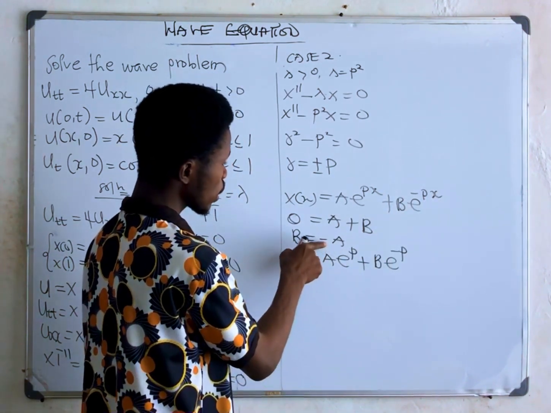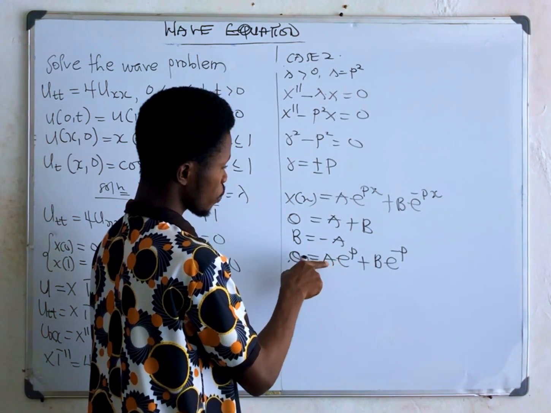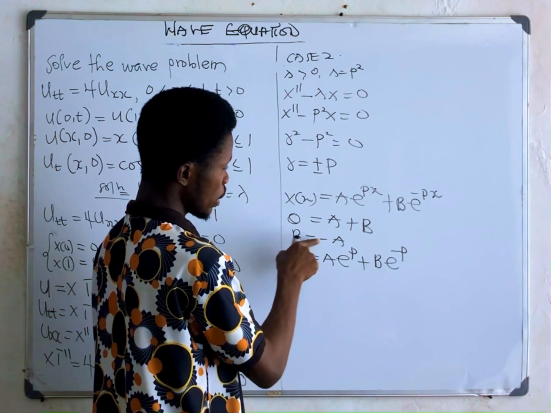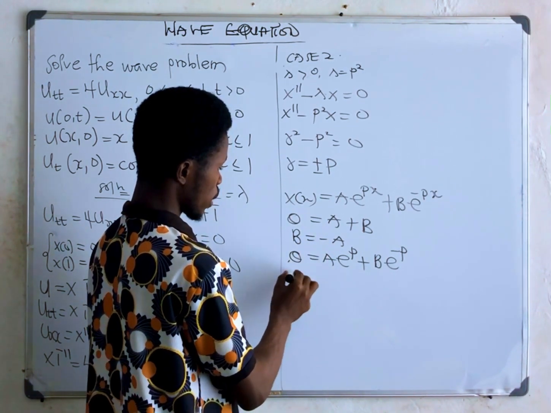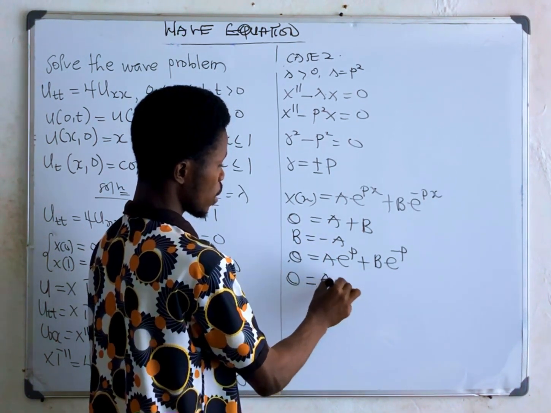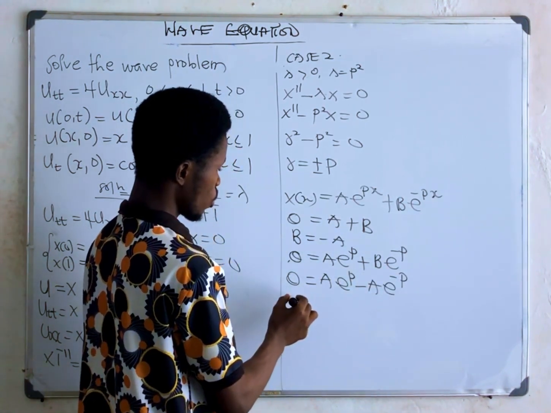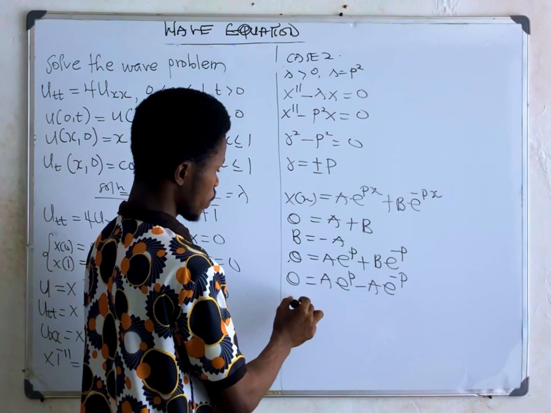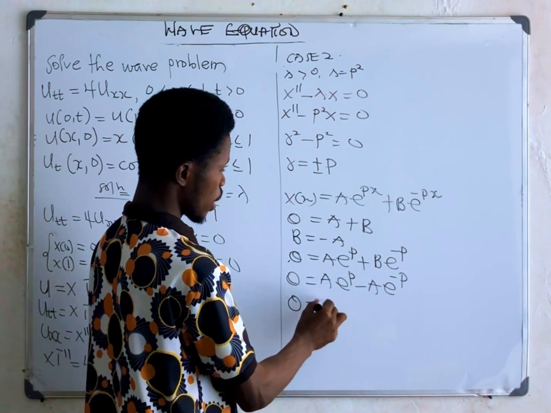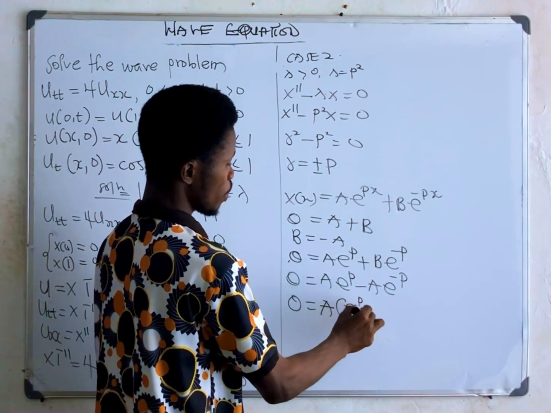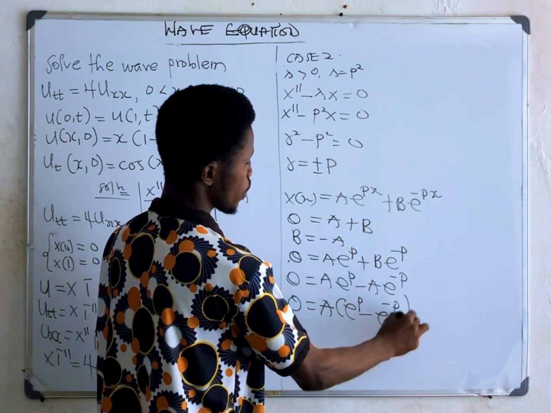But you know that b is equal to negative a, so I can say that 0 equals a e^p minus a e^(negative p). Which means that I can have 0 equals a outside, e^p minus e^(negative p).